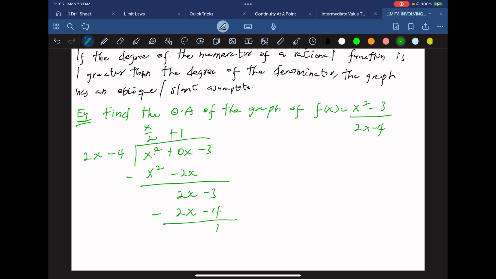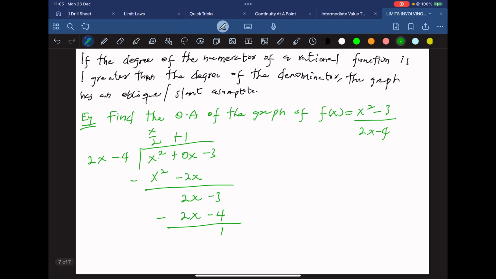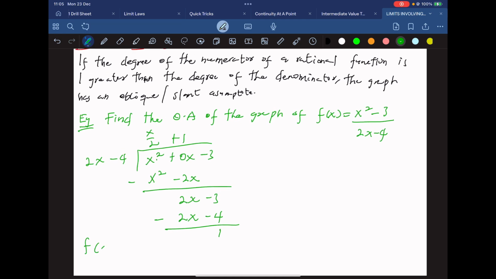And we have positive 1 over here. So we can write our f of x, which is x squared minus 3 out of 2x minus 4, to be equal to, over here, what we had, x out of 2 plus 1, then plus our remainder.